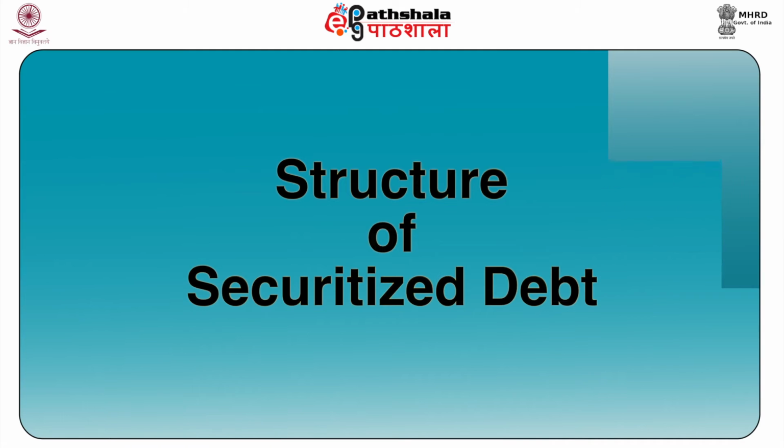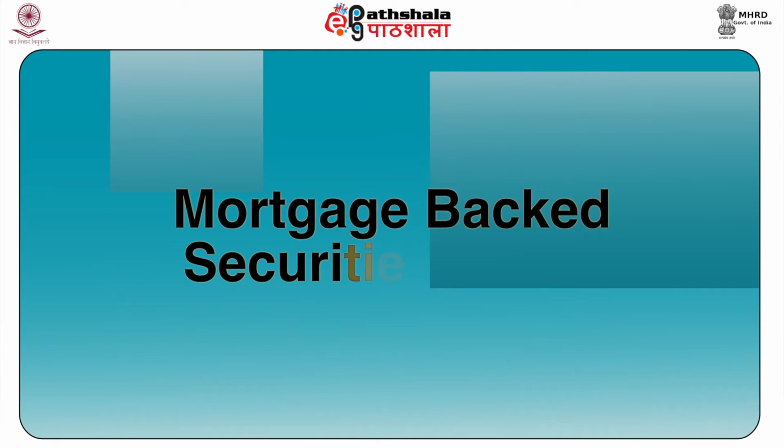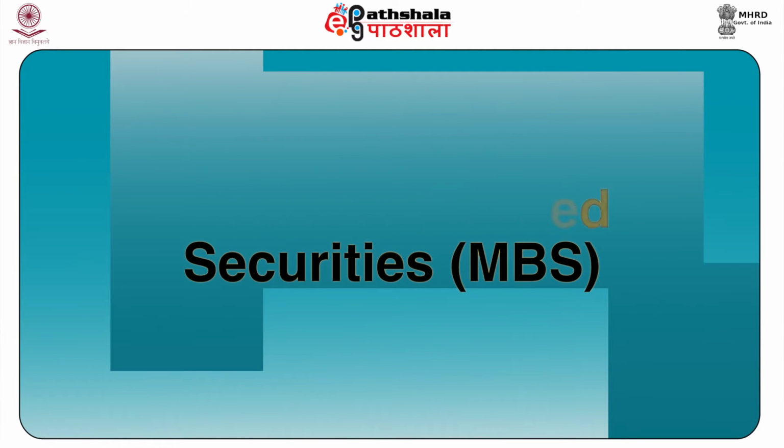Structure of securitized debt. First, mortgage-backed securities. The structure of securitized debt may be in the form of pass-through or pay-through. Mortgage-backed securities are backed by bundles of several mortgages of similar characteristics.